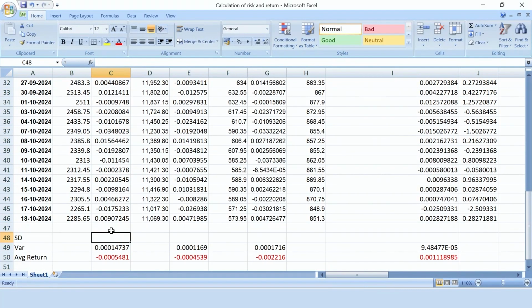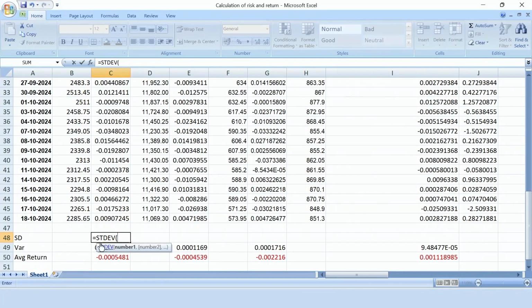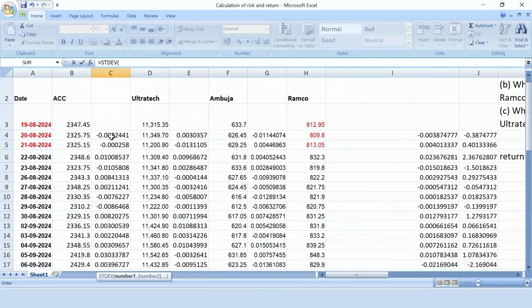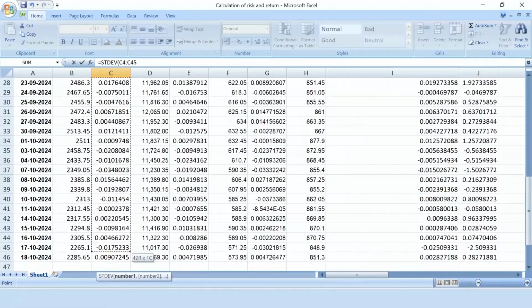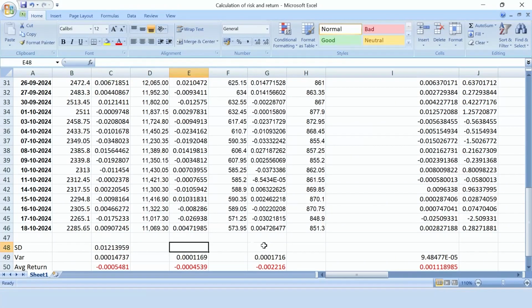Now coming to standard deviation. This is a standard deviation, STDEV. Okay. Now this is the value of standard deviation.